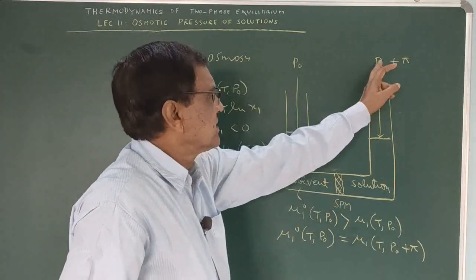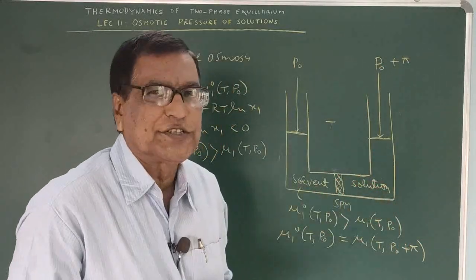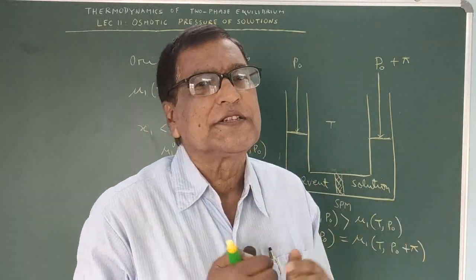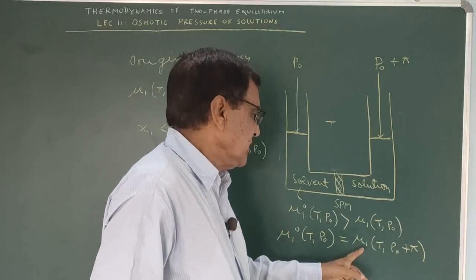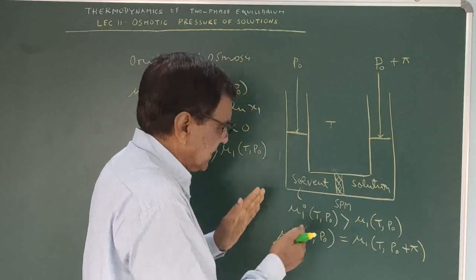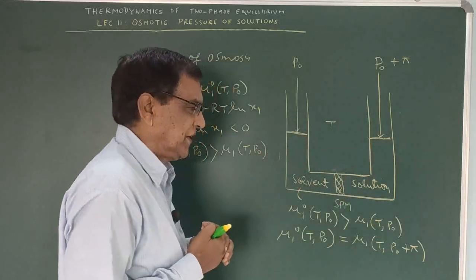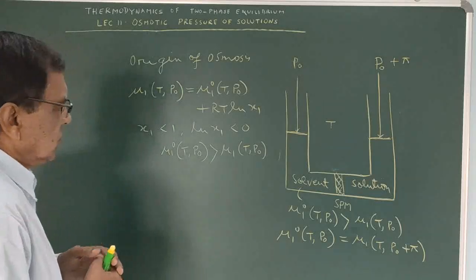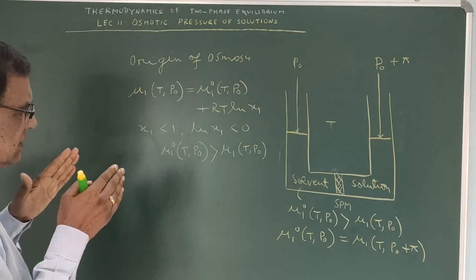The excess pressure added on the solution side will increase the chemical potential of the solvent in solution. So equilibrium is attained and no flow of solvent occurs. So this is the origin.